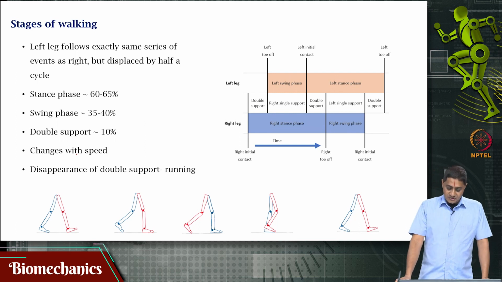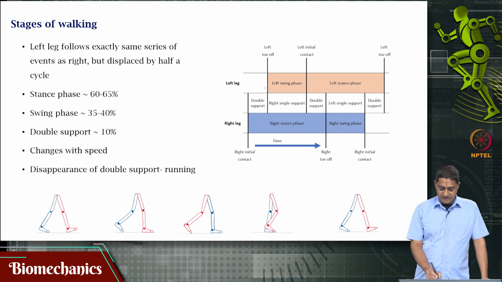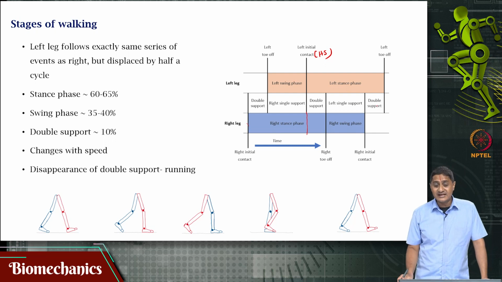Okay. So, let us take for example, the left leg is undergoing a swing phase. At that time, the right leg is undergoing a stance phase, and that makes sense because the left leg is swinging, is in the air, the right leg is in contact with the ground. And then the left leg, there is an initial contact or the heel strike that happens in the left leg, but the right leg has not yet left the ground.